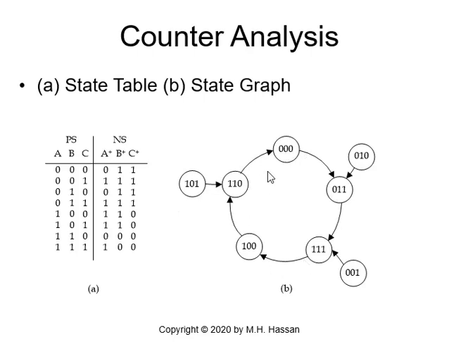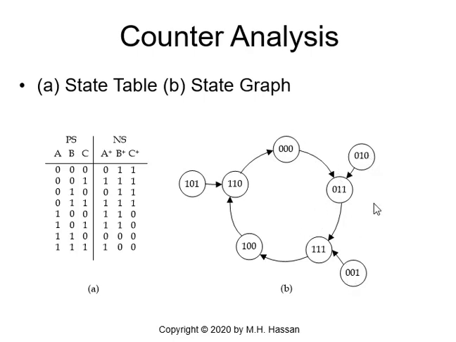I will close the loop. How about those missing states? 010 will take me to 011. So if the counter starts at 010, incidentally, I will go to 011, then continue counting in the order that I designed.